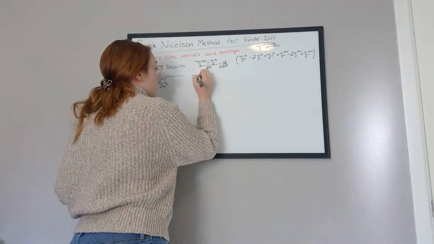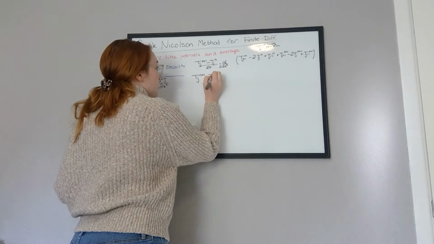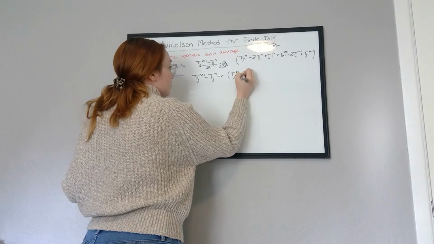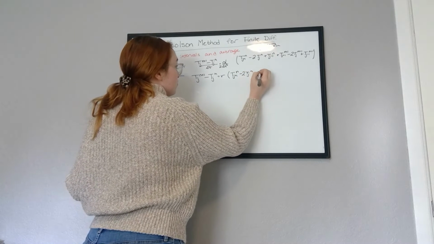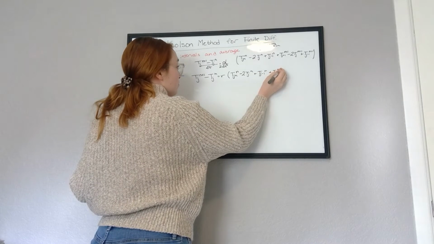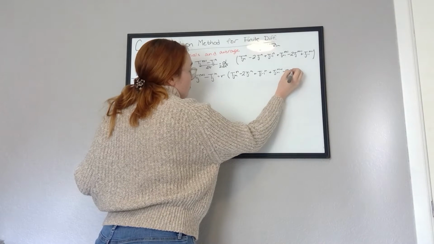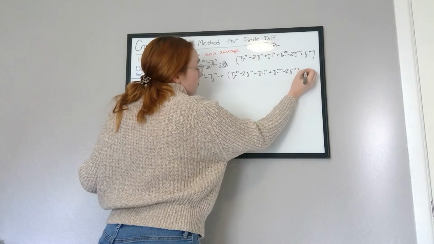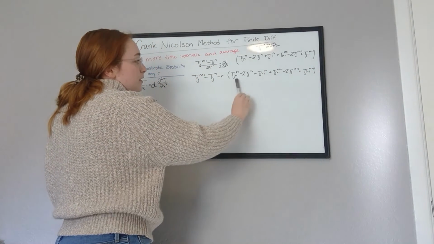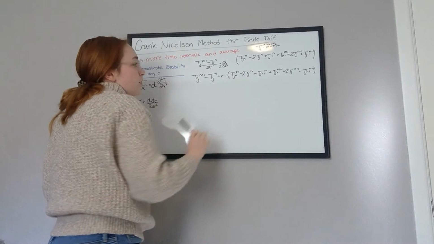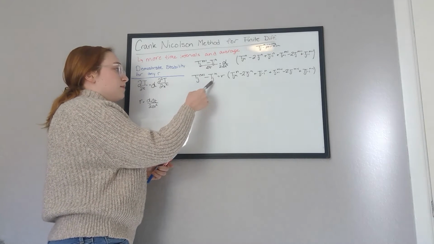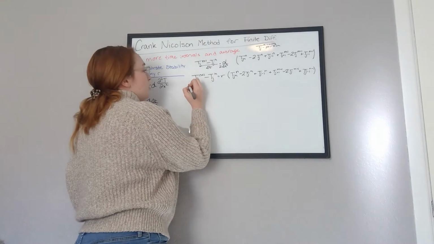So we'll have T_j^(n+1). These terms do not simplify because they are at different time intervals, but we can simplify by putting all of the time intervals of n plus 1 on the left side and all the time intervals of n on the right side. So I'm going to go ahead and do that.